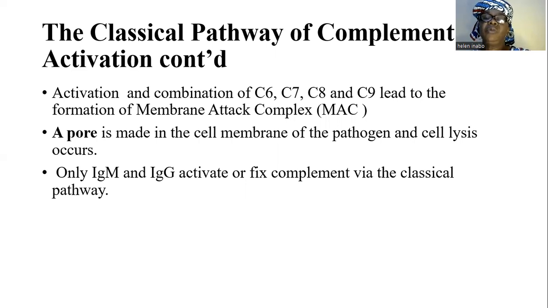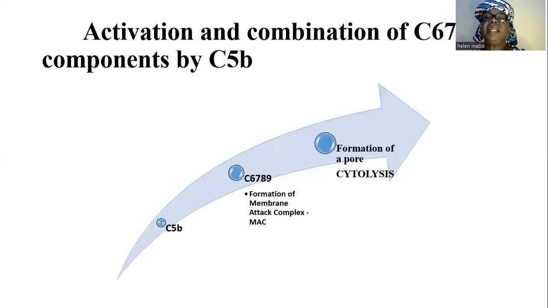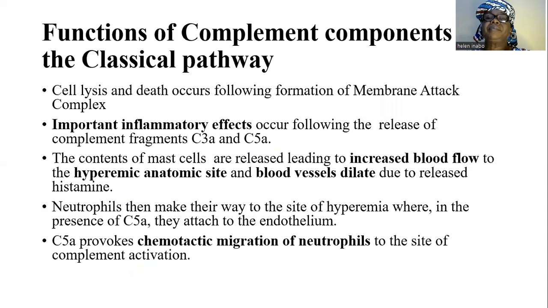It is to be noted that only IgM and IgG can fix complement via the classical pathway. This is the diagram showing the activation and combination of C6, 7, 8, and 9 components by C5b, leading to the formation of the membrane attack complex and then formation of a pore where cytolysis occurs.